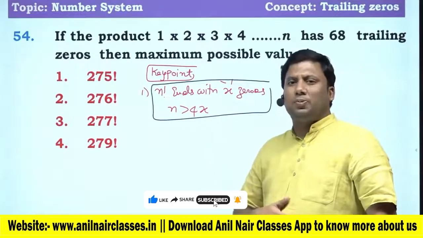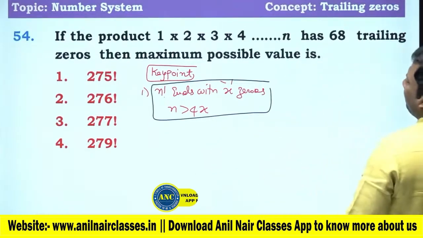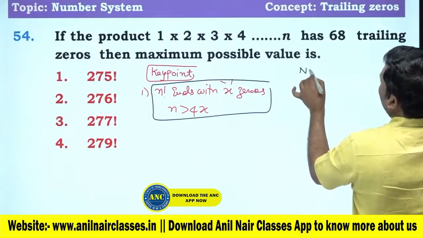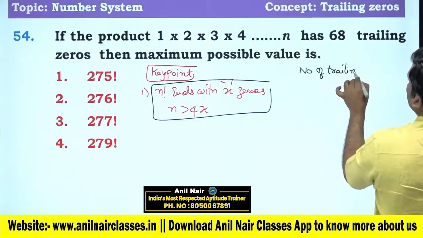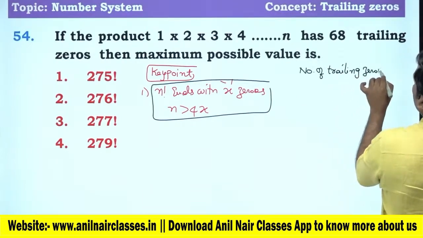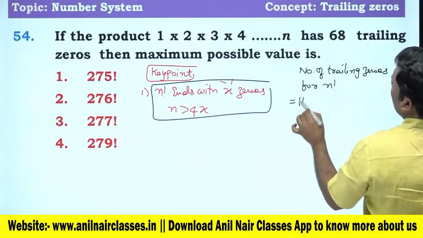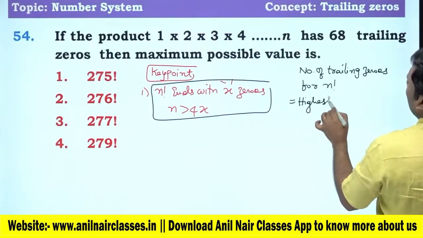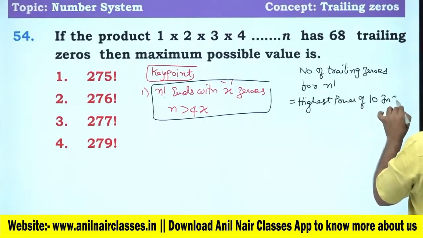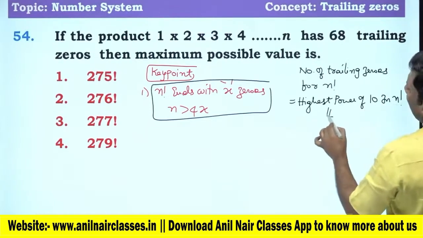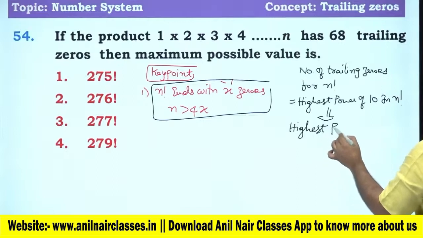I have discussed this proof in the highest power concept, but I'll discuss it again. Now, number of trailing zeros. Listen carefully, sir. The number of trailing zeros for n factorial is given by the highest power of 10 in n factorial. 10 can be further optimized into the highest power of 5 in n factorial.